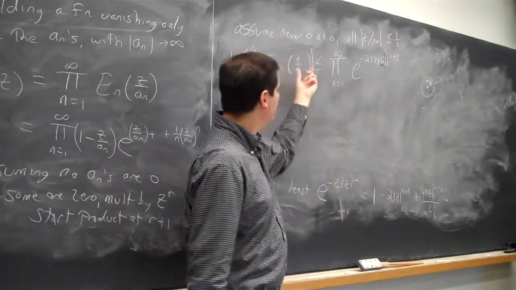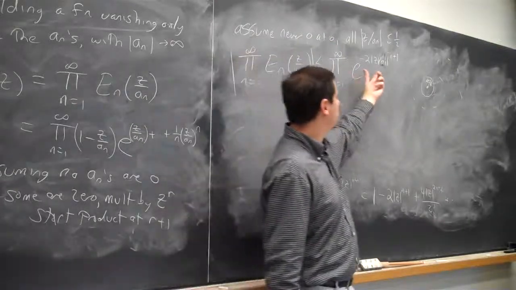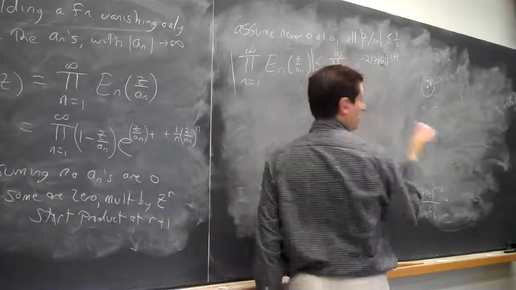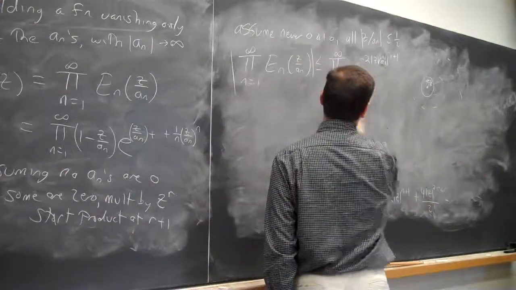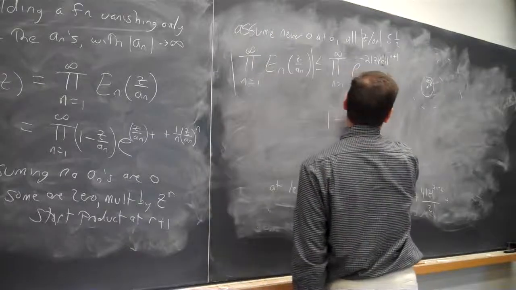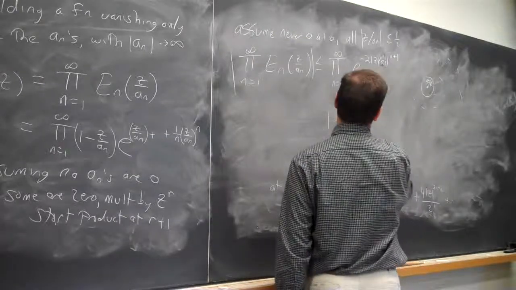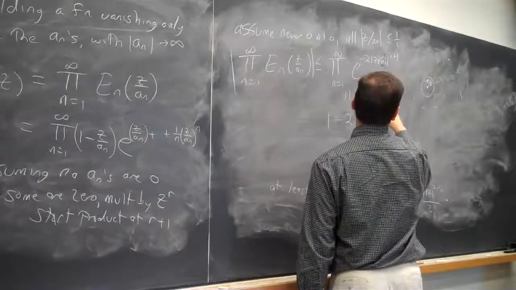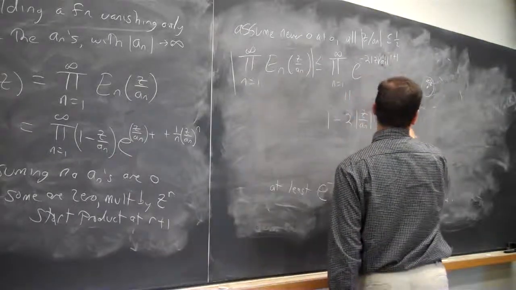So that means the En of z over an is going to be at most this. And now, if you want, we can write this in terms of what we've done before. The exponential is 1 minus 2 z over an to the n plus 1 plus really small terms.